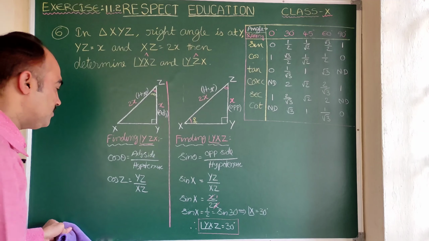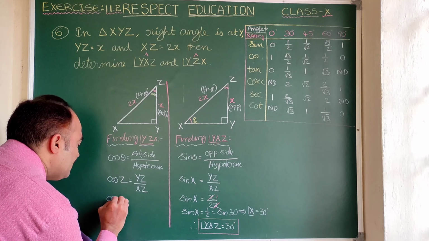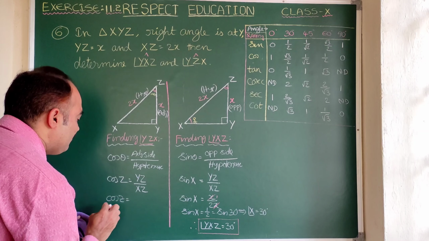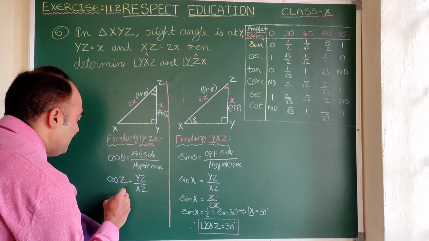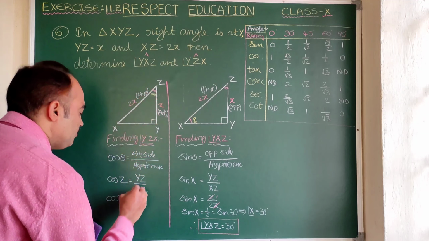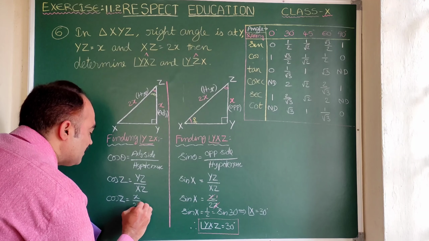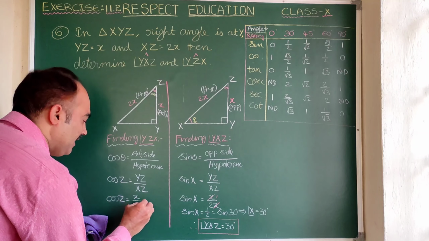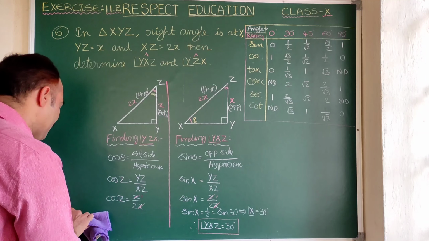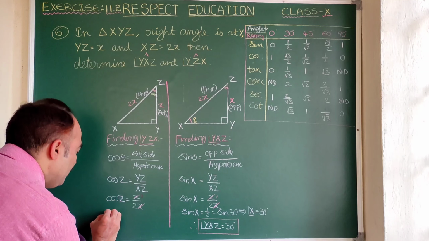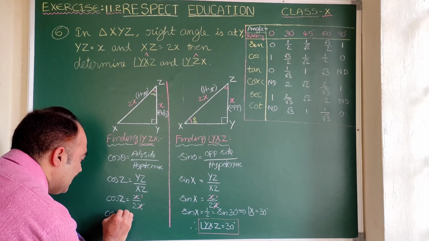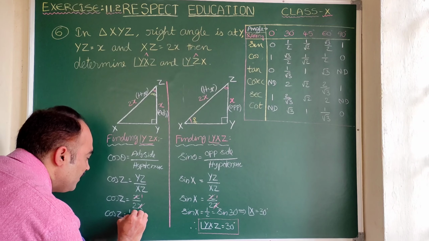Let us substitute the values. So here cos Z is equal to, YZ value is X, small x, by XZ, which is 2x. Now here what is to be cancelled? X and x cancel one time. So we got cos Z is equal to 1 by 2.